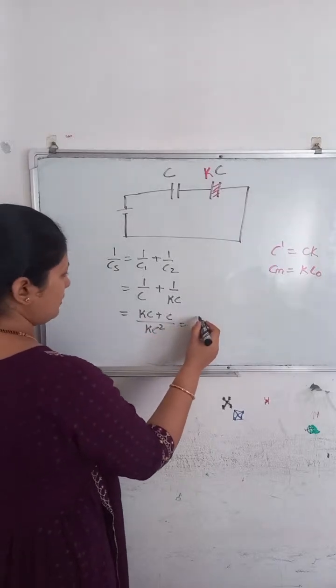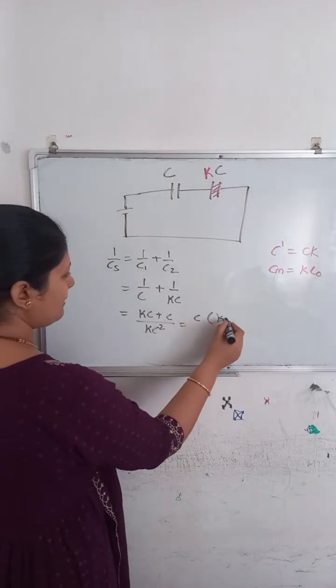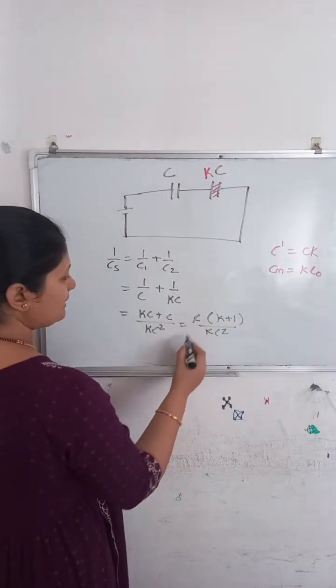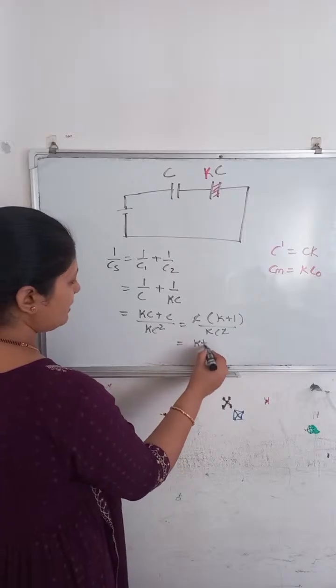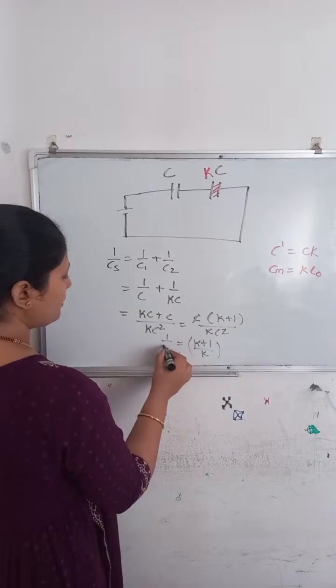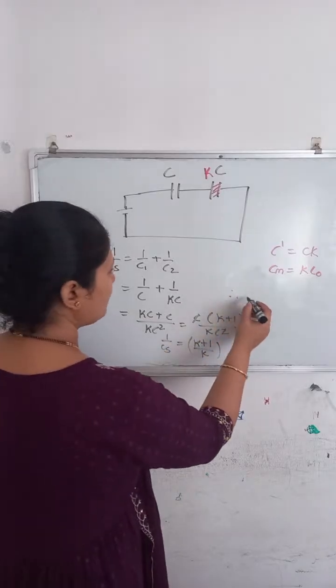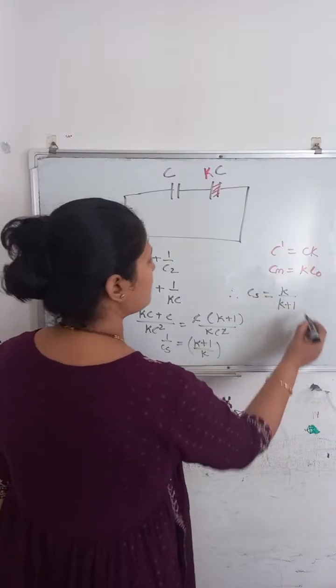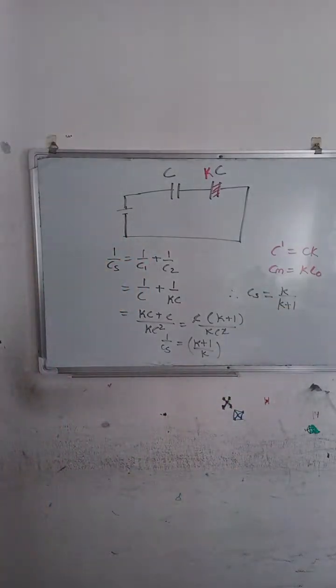Here we can take C common, (K plus 1) upon KC square, and one C gets cancelled. (K plus 1) upon KC is nothing but 1 upon Cs. So therefore we can write Cs is equal to KC upon (K plus 1). Can you get this?